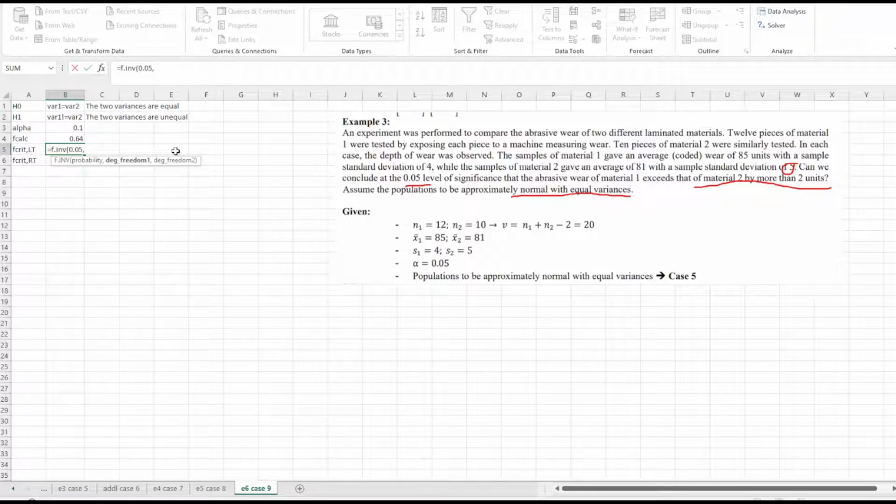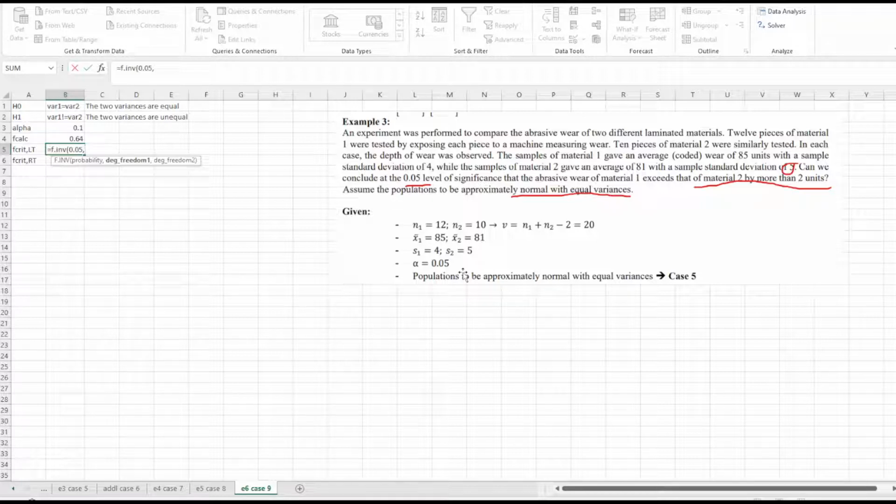So we have F.INV 0.05, degrees of freedom 1. Degrees of freedom 1 is the numerator, while degrees of freedom 2 is the denominator. Here, we set data set 1, material 1, as the numerator. Therefore, its degrees of freedom is 12 minus 1, since there are 12 samples.